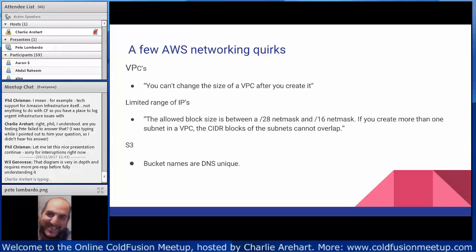And then lastly, as we're going to see in a little bit, to a certain degree, S3. Just to make sure I don't miss it, S3, again, is the storage feature that they have. The main element of their storage is called buckets. It's, if you will, the root folder of an S3 subscription. These buckets are DNS unique across all of AWS.